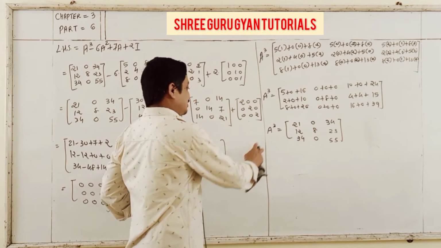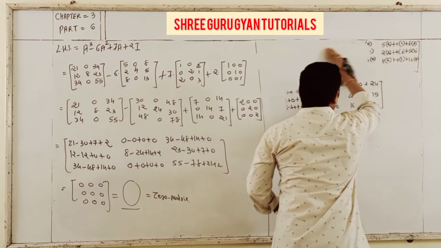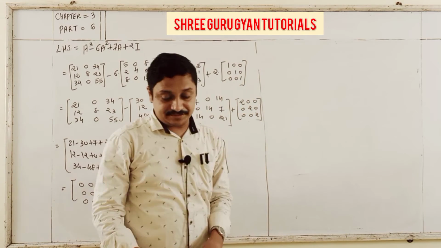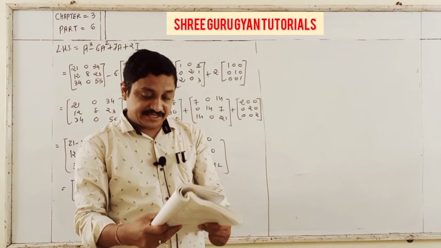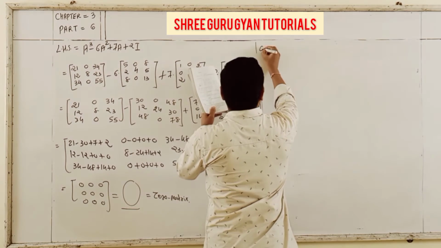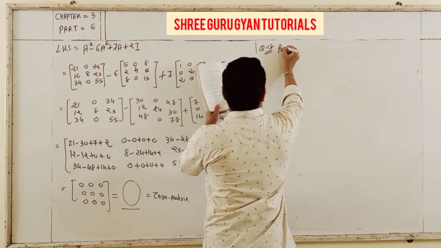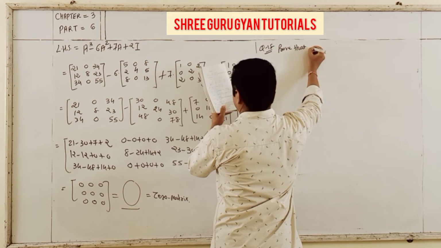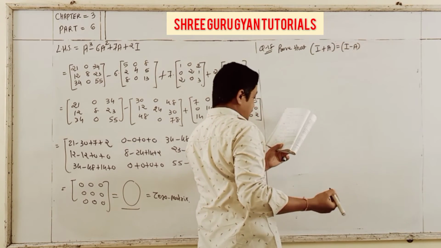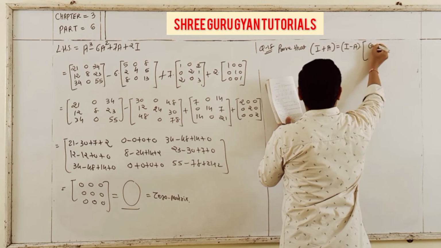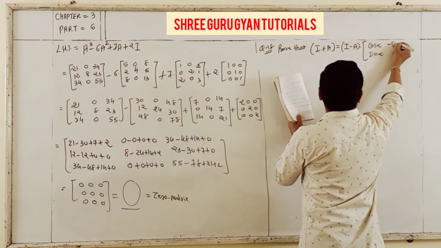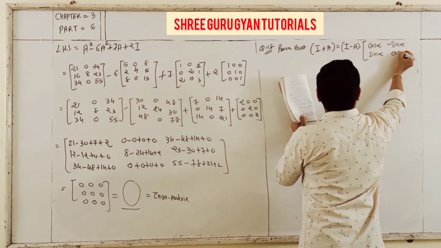Now move towards the next question, question number 18, which is most likely exam oriented. Yes, 18 is very most important. Prove that for the given matrix, I plus A is equal to I minus A into the matrix cos alpha, sin alpha, minus sin alpha, cos alpha.